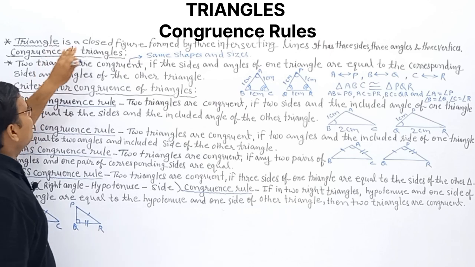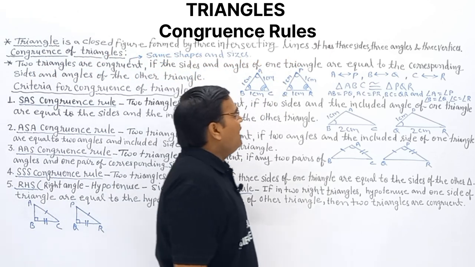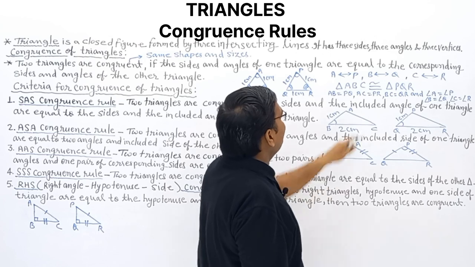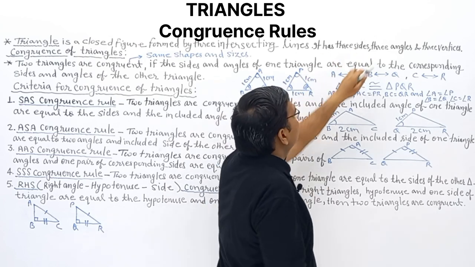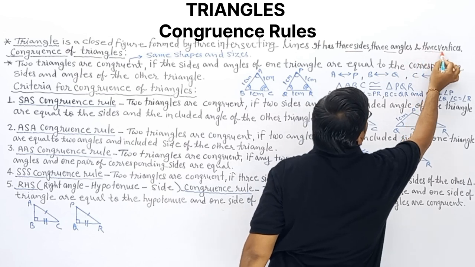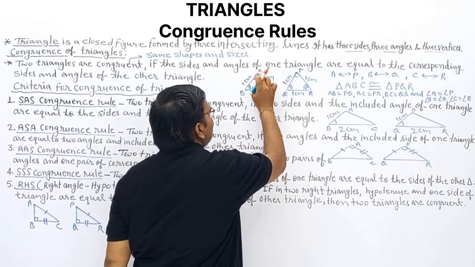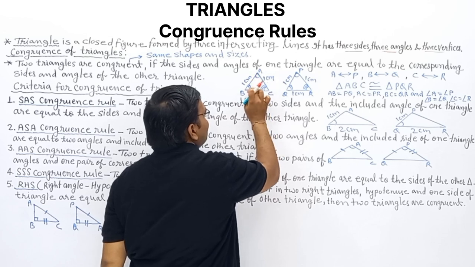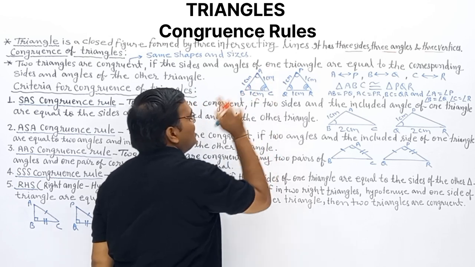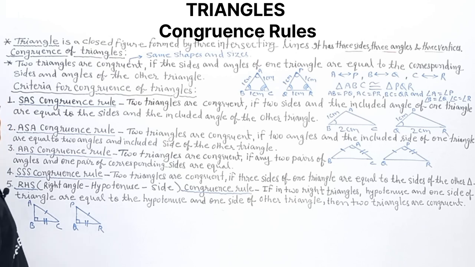So a triangle is a closed figure formed by three intersecting lines, and it has three sides, three angles and three vertices. Clear? Now the next one.